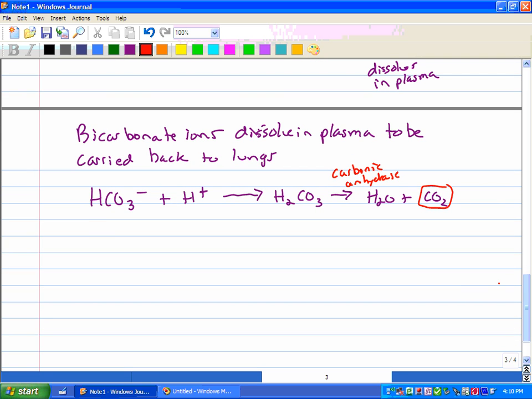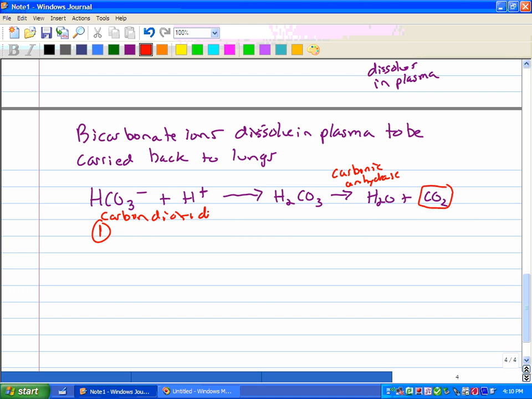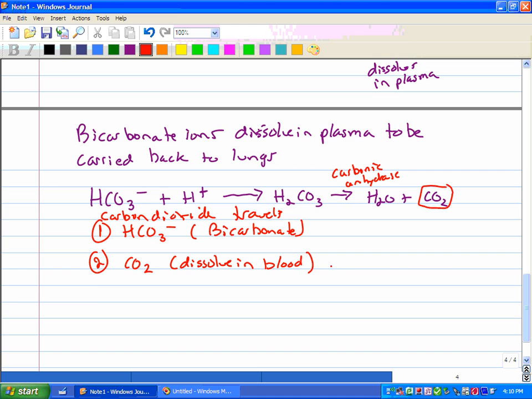Okay? So one way that the carbon dioxide travels is as bicarbonate, as we just said. So bicarbonate. Some, not much, will travel as CO2 dissolved in the blood. Like I said, not very much gets dissolved, so we'll say very little.